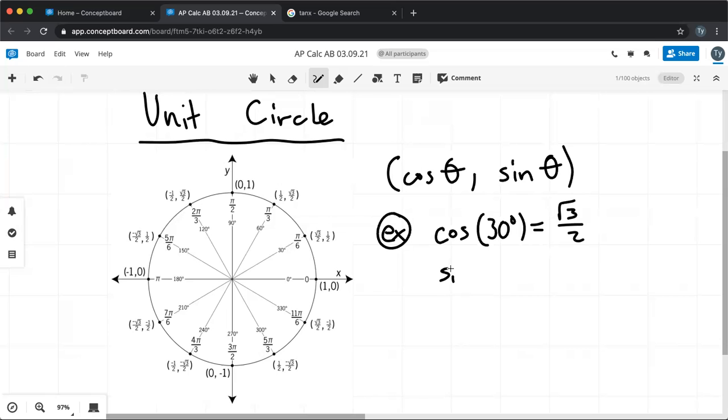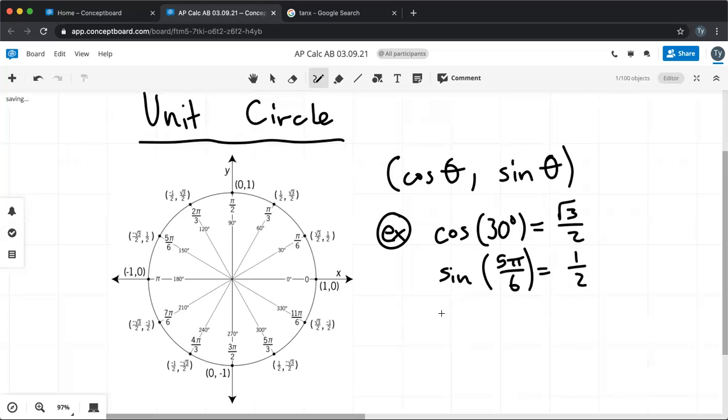If we want sine of 5 pi over 6, we go to 5 pi over 6. So this would trace our angle right here. That's our theta, 5 pi over 6. And we would look at the y coordinate of 5 pi over 6, and that is 1/2.